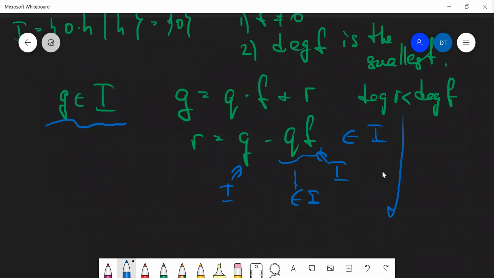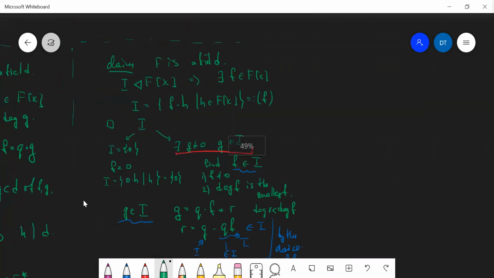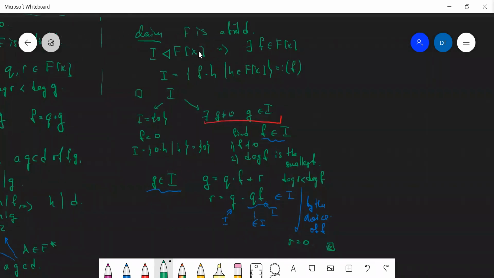By the choice of F, R must be 0. So this means that G is divisible by F. So now we know the description of all the ideals in this ring. Every ideal is of this form.